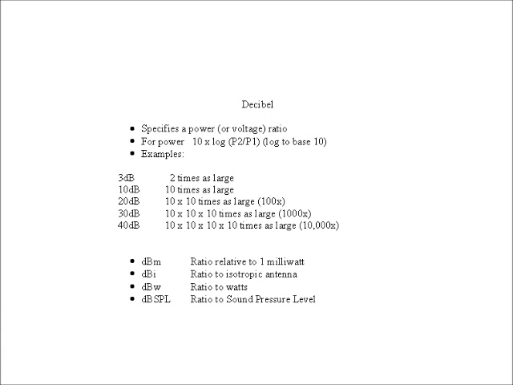Okay, here's another set of terms that you're going to run across. Decibel. Why do we need decibels? Why can't we say it's 10 times as powerful, 32.6 times as powerful? The answer is we could.